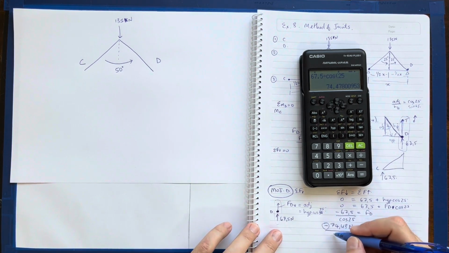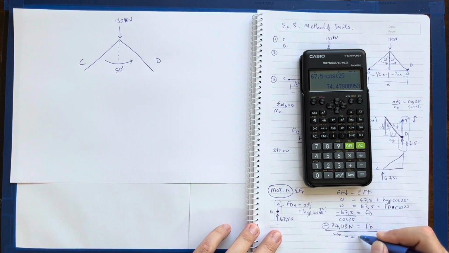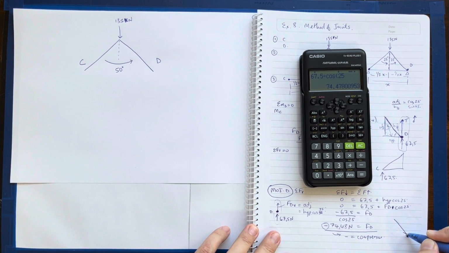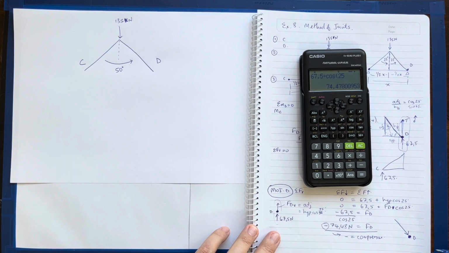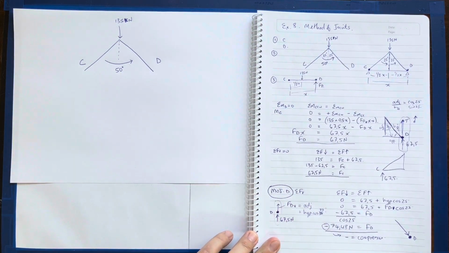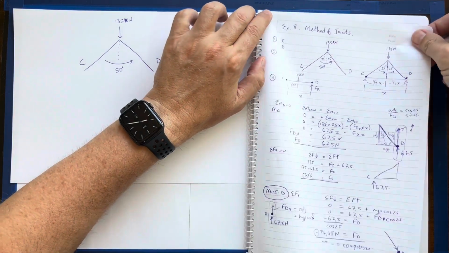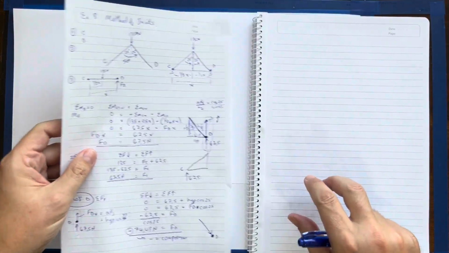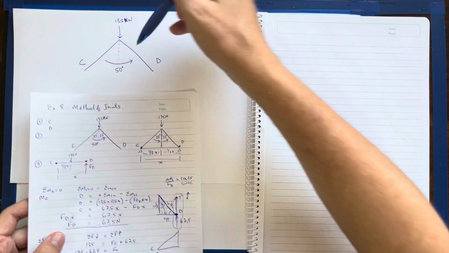Being negative means compression. So technically, when it's compressed, the force into the joint at D would be pointing in that direction. So that is my force within that member D.